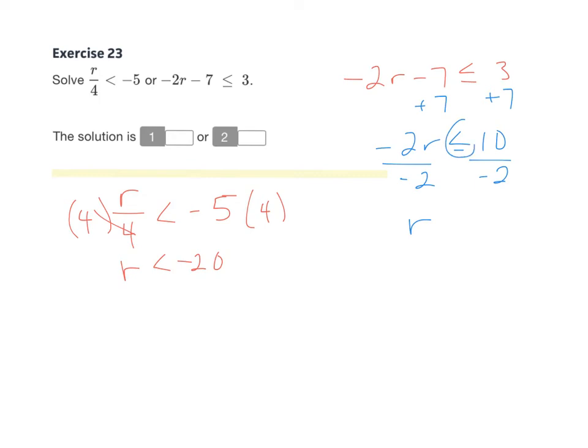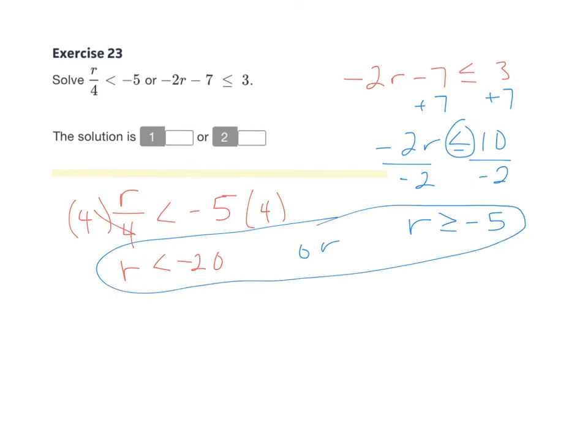Be careful, because we just divided by a negative: r is greater than or equal to negative 5. So these are the two solutions for the compound inequality. If you were going to graph this, you'd have negative 20, open circle, headed to the left, negative 5, closed circle, headed to the right.